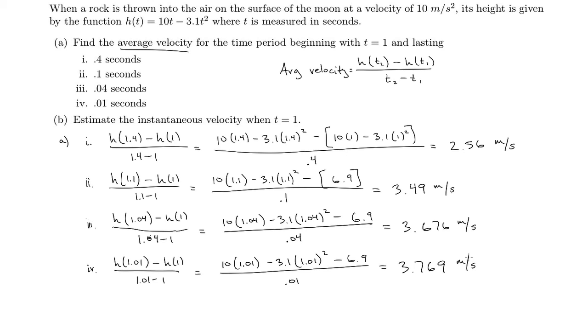All right, so we want to know kind of what this is approaching. For part B, we want to estimate the instantaneous velocity when t equals 1, and looks like we've been increasing here, and we just want to estimate, and so my estimate is going to be maybe a 3.8.